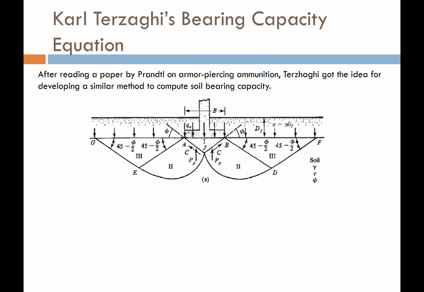And Terzaghi looked at that and said, the shape that the metal makes when the bullet pierces the armor looks a lot like the shape that the soil makes when a foundation pierces into it. And so he built upon a lot of the theories that Prandtl developed for metal, and he applied them to soil. And here's what he came up with.